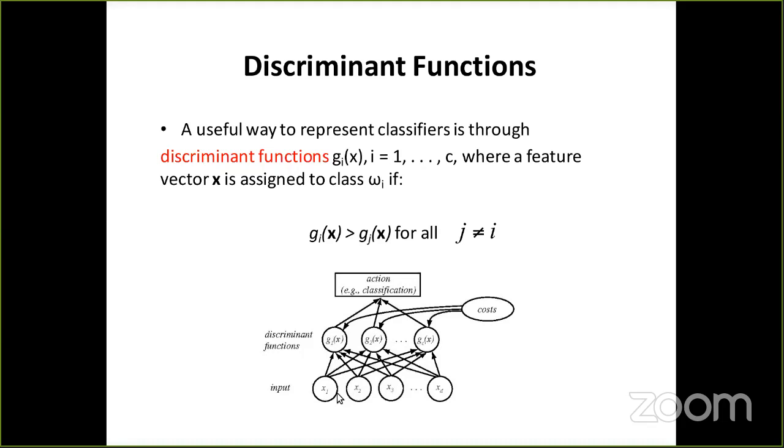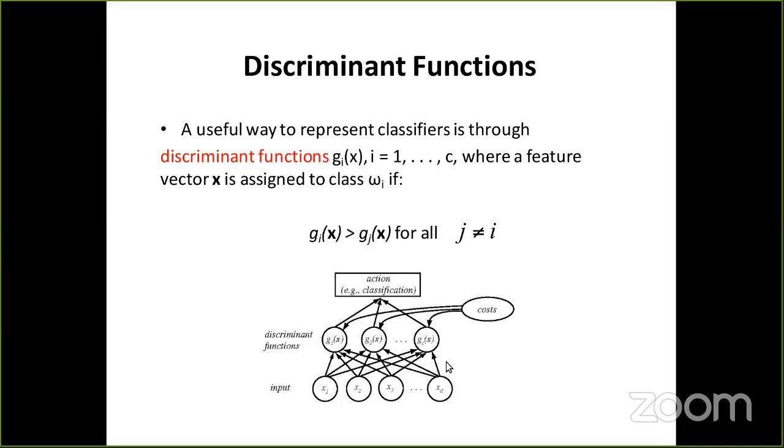If you feed in some features that you observe, say some particular height, color, or size, each of these discriminant functions will give you a value. Whichever discriminant function gives you the highest value, you classify your data to that particular class. If g1 gives the highest value among all of them, you will say that your data belongs to class 1. And this is basically one particular model that you can use to make your classification.